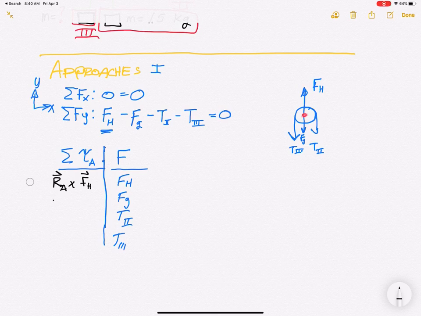I'm going to have the distance from the axis crossed into FG, the distance from the axis crossed into T2, and the distance from the axis crossed into tension T3.